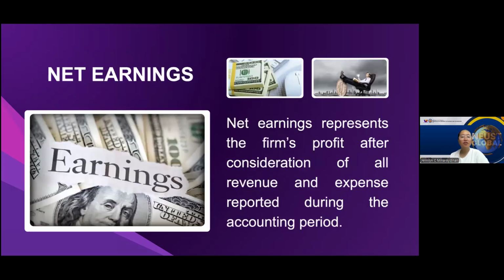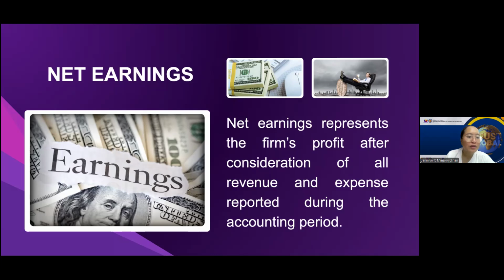And then we have the net earnings, which is the final profit a company makes after accounting for all revenues, expenses, taxes, and other costs during an accounting period. It shows the company's overall financial performance. Example, students running a coffee shop calculate their net earnings.